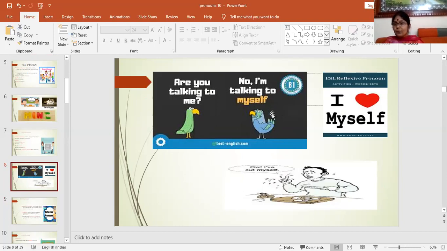So here both the subject and object are one. I love myself. Here also we see the subject and object is one. Oh, I've cut my finger. Here also the action is on me, right? So what is happening here? In these three cases, the subject and object are one person only.